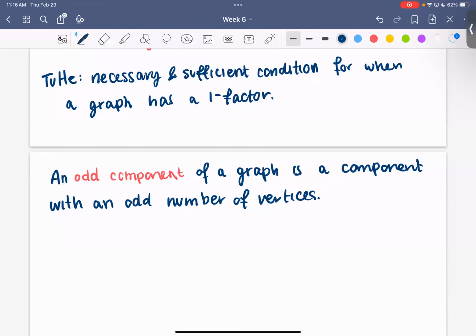And I'm going to let o(G), little o of G, denote the number of odd components.